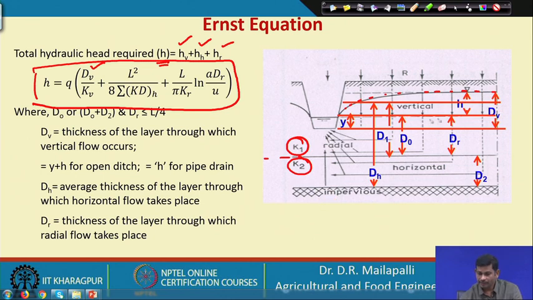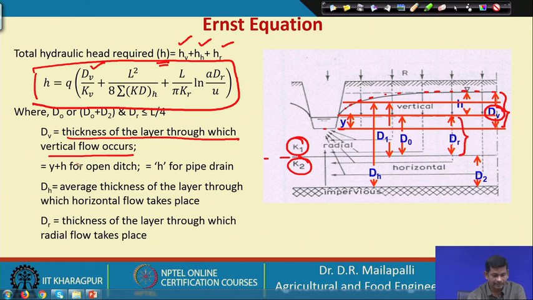From the drain bottom, dV indicates the thickness of the layer through which vertical flow occurs, so vertical flow concentrates here, whereas radial flow concentrates from here to the top layer, only within the top layer.